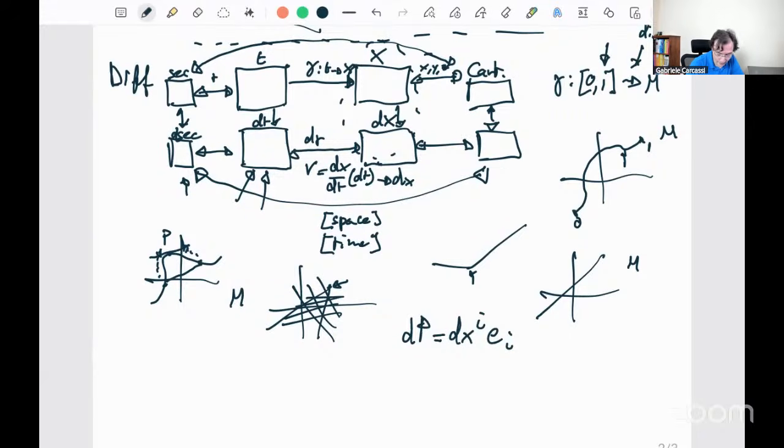And typically one interprets this as a vector basis. This is not the vector basis, these here are the maps that take a differential, a variation in the coordinates that have units, to the variation in the space that does not have units.